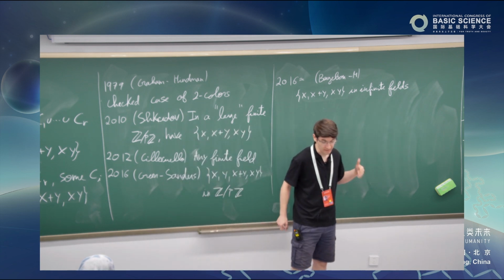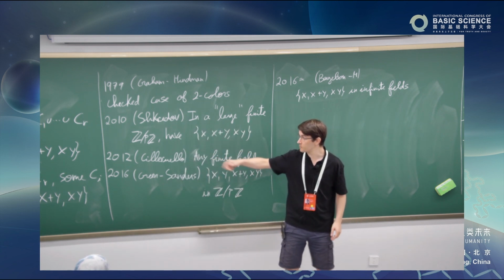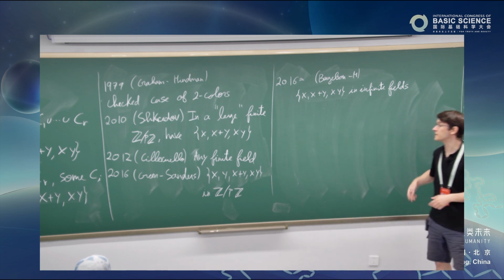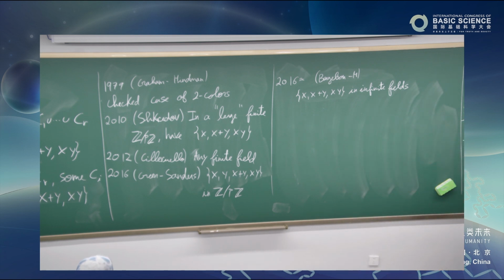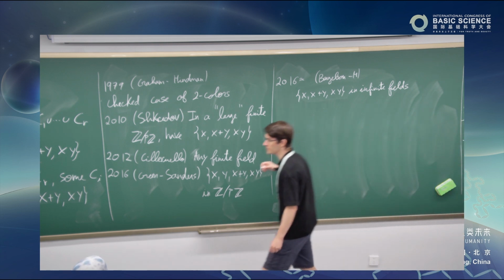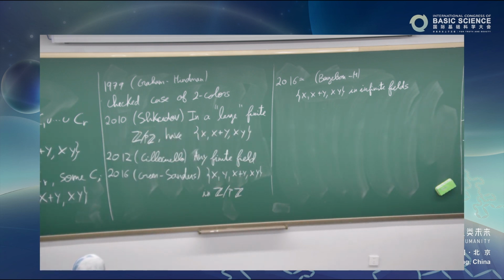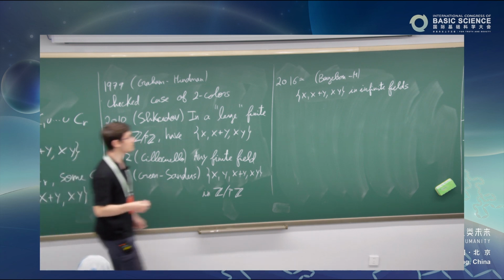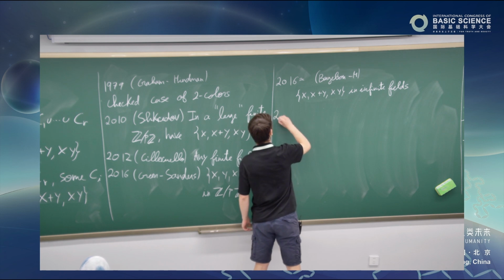This is all that happened before my theorem. And since then, there have been a lot of really interesting developments. It was only published this year, but it's been up on the arXiv for a while.